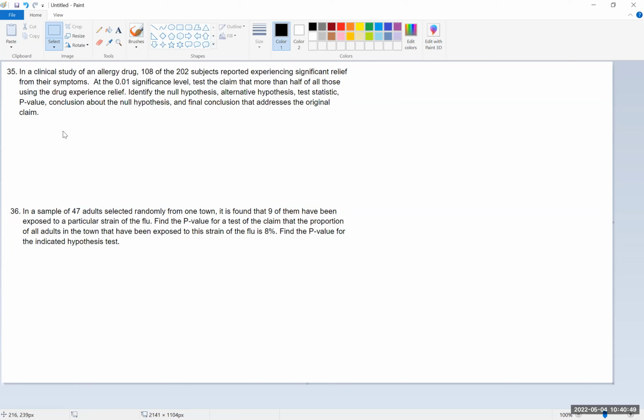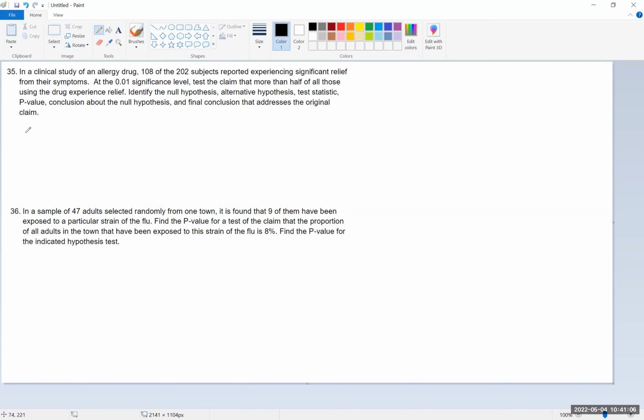Identify the null hypothesis, alternative hypothesis, test statistic, p-value, conclusion about the null hypothesis, and final conclusion that addresses the original claim. So there's quite a bit there, but I think we can take care of a lot of it pretty quickly.